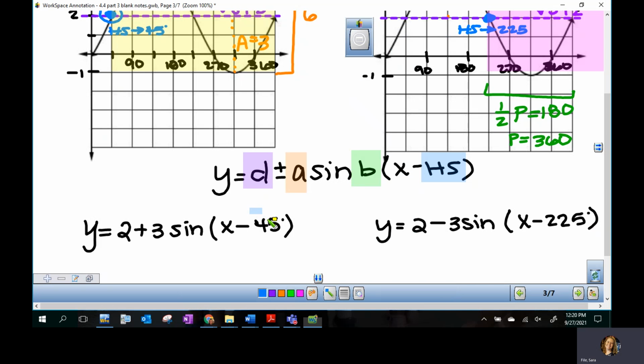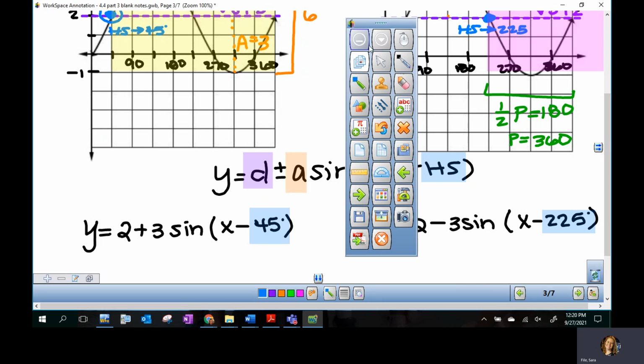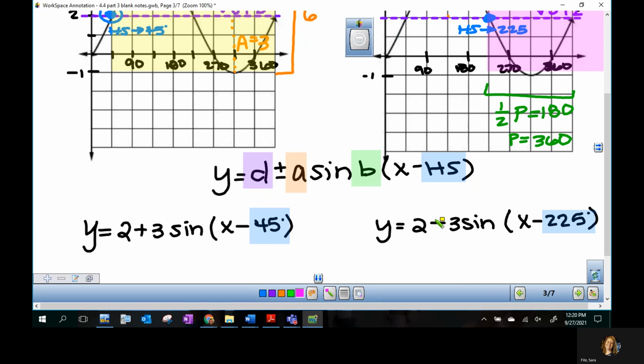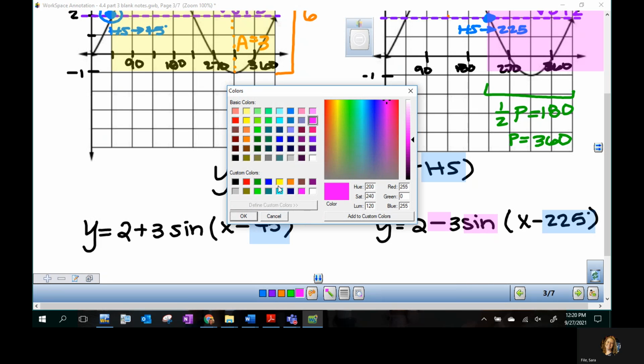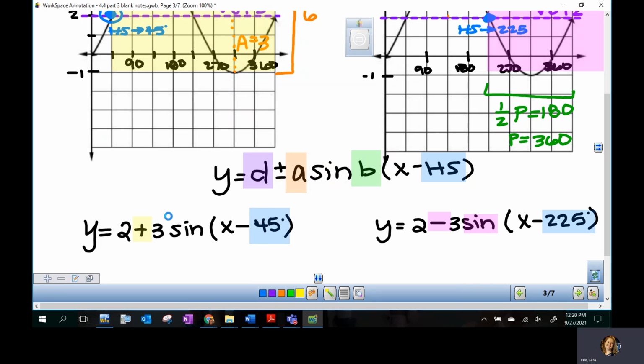So you can see the only difference when you change the cycle to negative sine from positive sine is the horizontal shift. Every other piece stayed the same: the A is the 3, the D stayed the same, the B stayed the same. The only change is that horizontal shift.